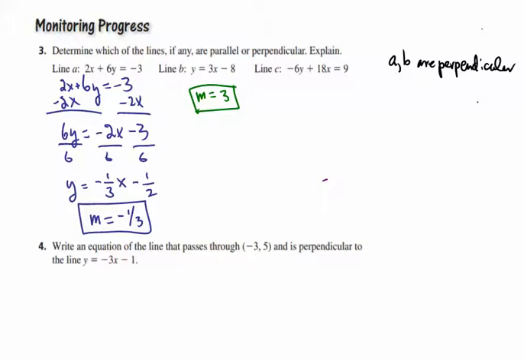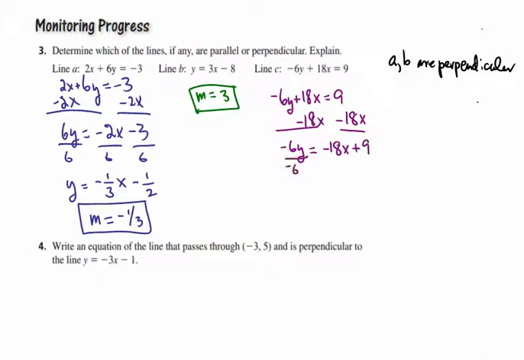Next, with the next line we have negative 6y plus 18x is equal to 9. Don't divide. We don't divide until we isolate the y term by itself. So I'm going to subtract 18x from both sides, and I end up with negative 6y is equal to negative 18x plus 9.